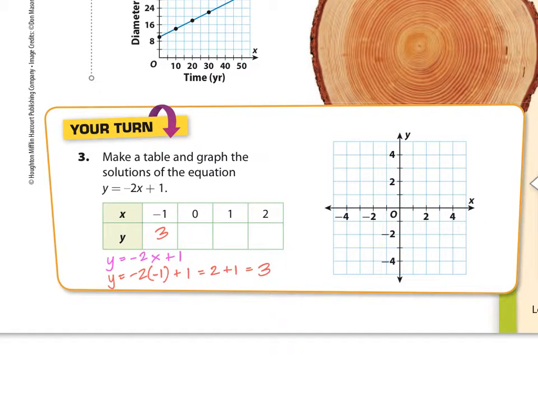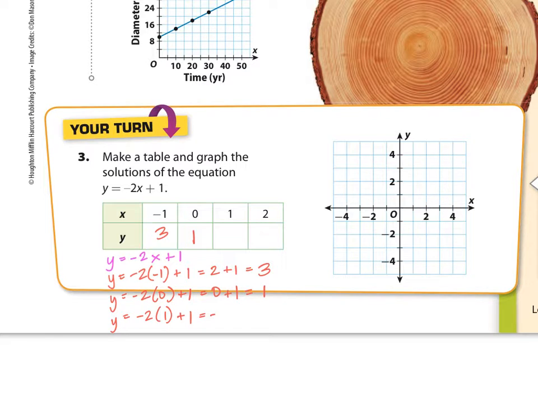So now let's do 0. So y equals negative 2 times 0 plus 1. Well, negative 2 times 0 is 0, and 0 plus 1 is 1. Okay? If x is 1, then we'll have y equals negative 2 times 1 plus 1.